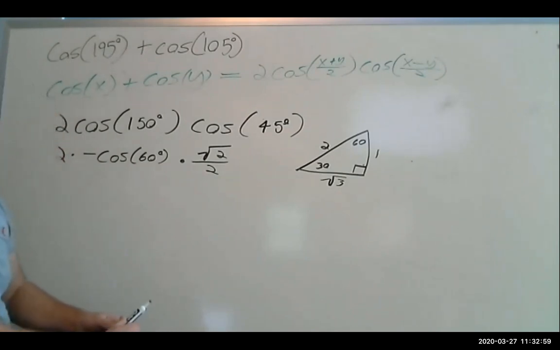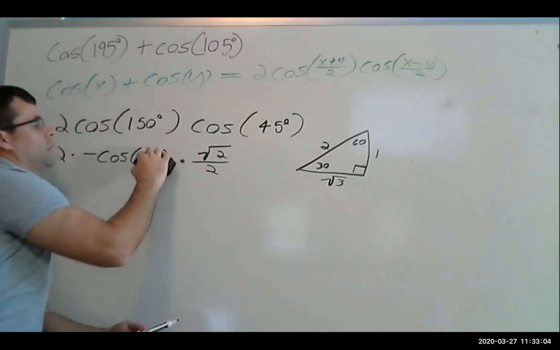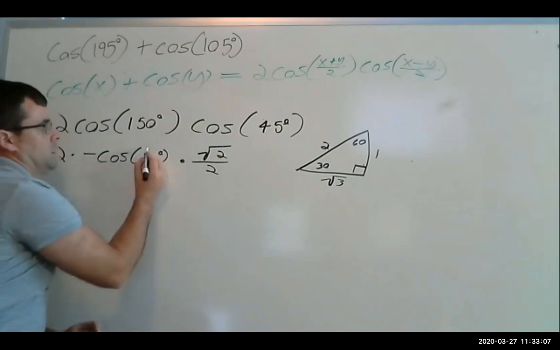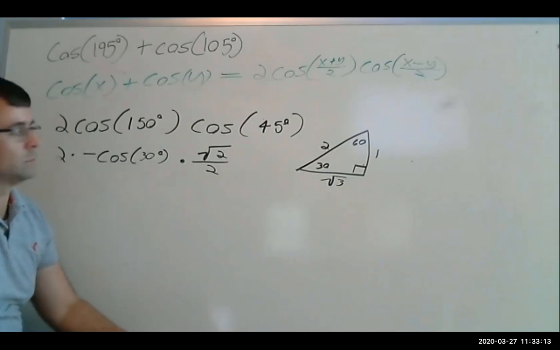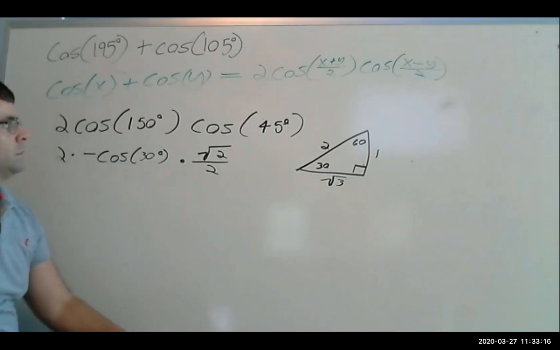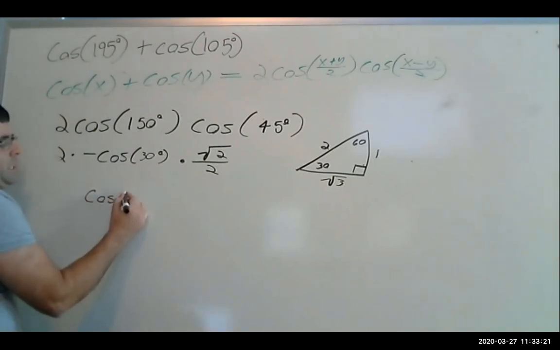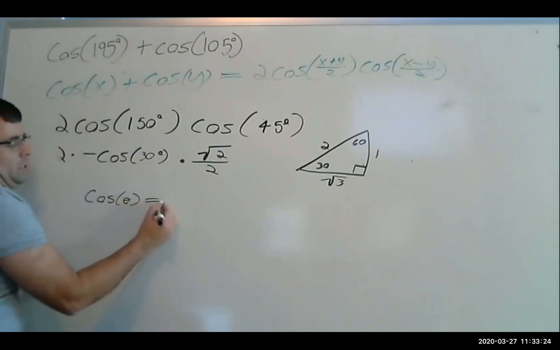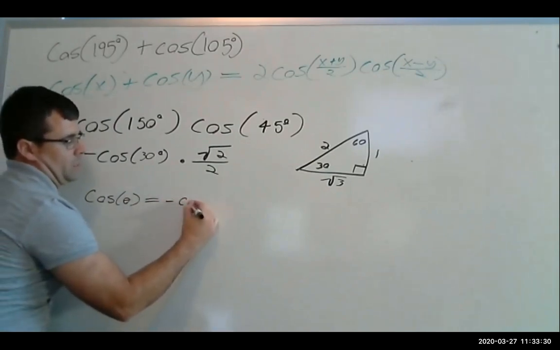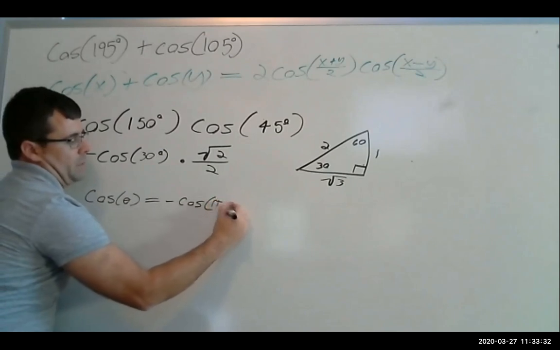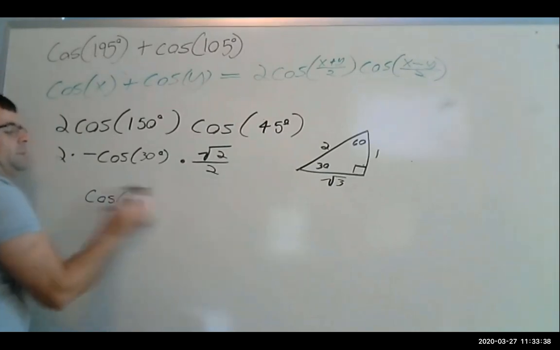Oh, I'm sorry. When you convert it, this is supposed to be negative cosine of 30 degrees. I used cosine of theta equals negative cosine of pi minus theta, or 180 minus theta.